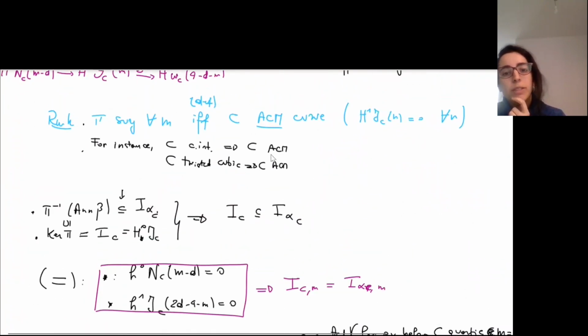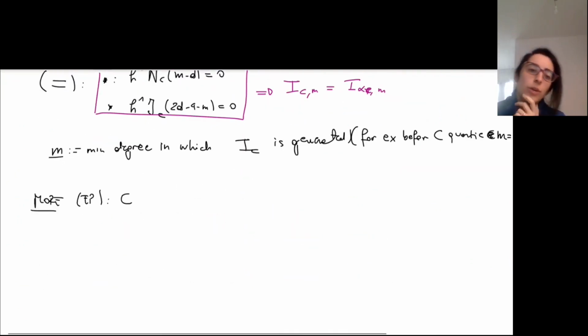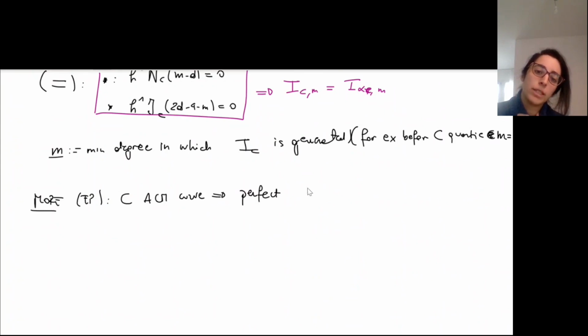and we know that complete intersections are examples of ACM curves, and we're happy that we can generalize these things thanks to Ellis-Grunner-Peskin, that if C is an ACM curve, then it's perfect. This is what we did with Pietro and Enrico.